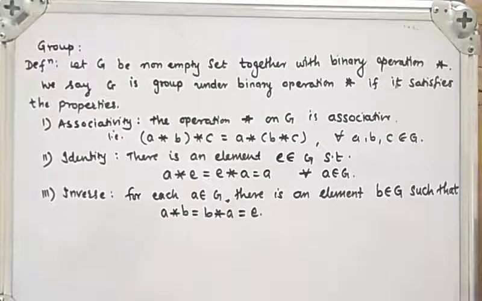So this is the property. If all these three properties are satisfied, then we say that G under binary operation star is a group.